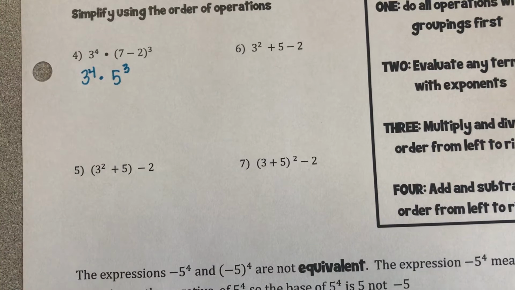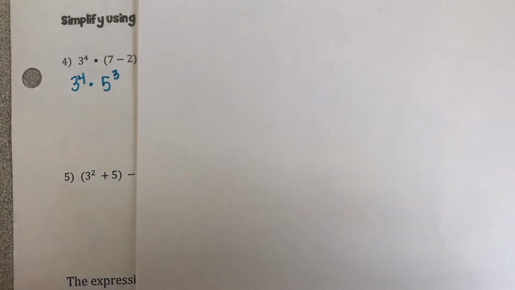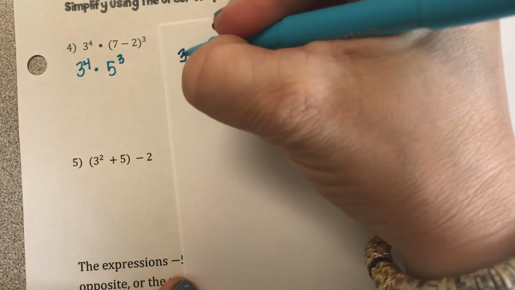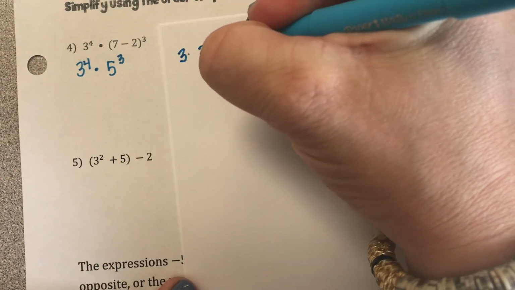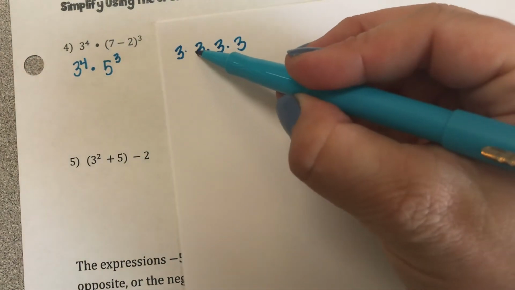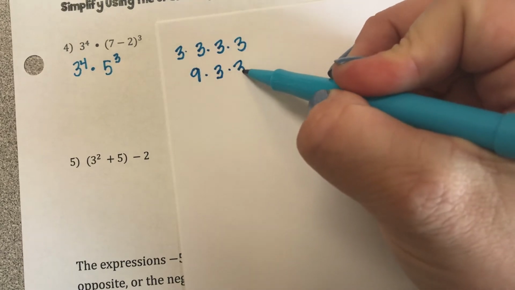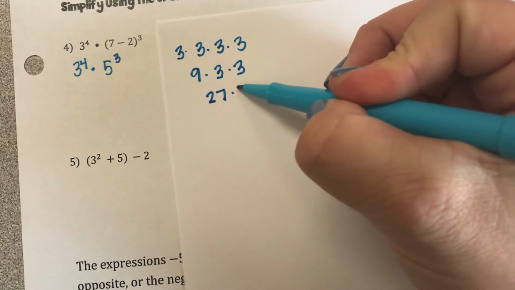So I'm getting some scratch paper here. Okay, 3 to the 4th power means 3 times 3 times 3 times 3. So let's look at what that is. 3 times 3 is 9. 9 times 3 is 27.